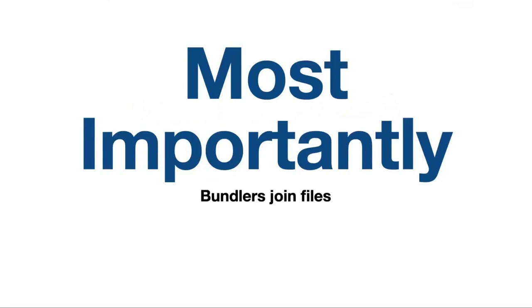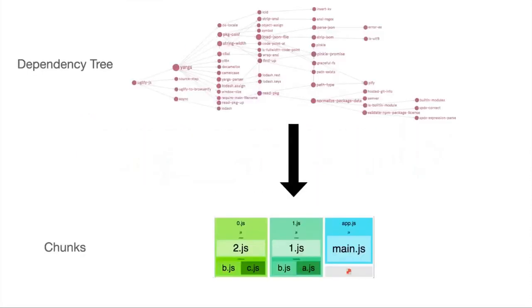So you can see how that works in this image right here. Hope you guys can see that. You have a dependency tree. You can have your node modules there. You can have any files from your file system. And the bundler is actually going to join them into those single JS files, into chunks.